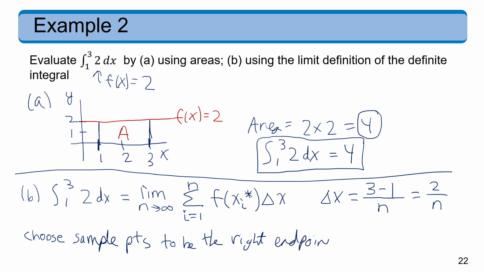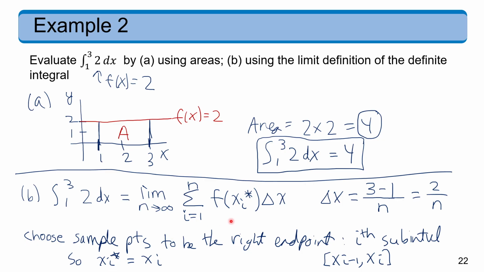So notation-wise, the ith subinterval goes from x sub i minus 1 on the left up to xi on the right. So the xi star will be the right endpoint, which is just xi. Okay, so now that we have those two pieces, we can substitute into our formula here and we'll do that part starting on the next slide.